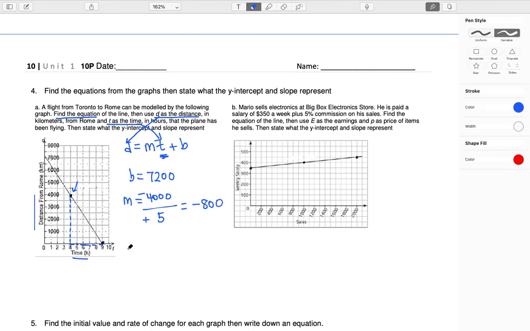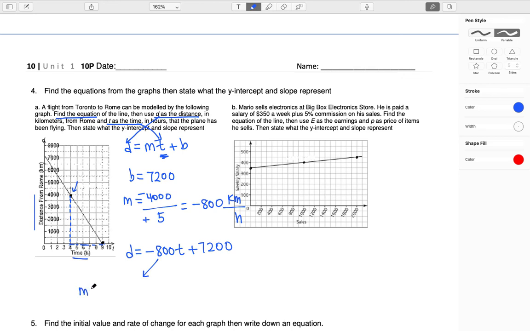Therefore, the equation is going to be d is equal to negative 800t plus 7,200. It makes sense. The slope is negative because the graph is going down as you read left to right. So what does this mean? Well, we know that the speed is the slope because the slope unit is kilometers over time, hours, right?